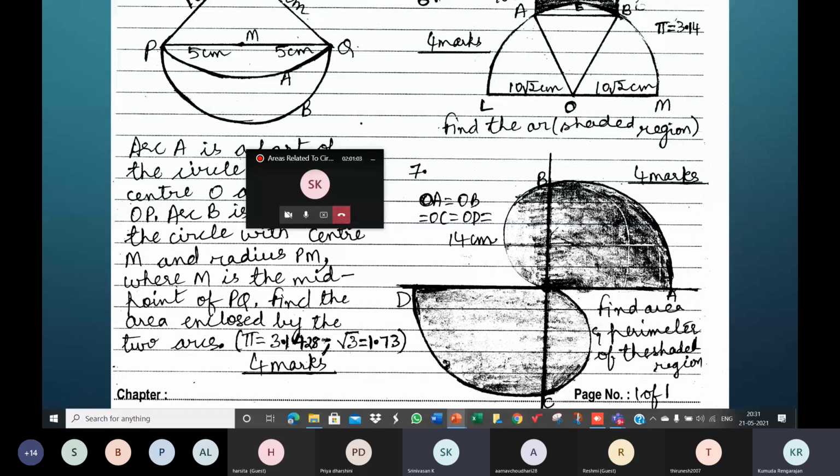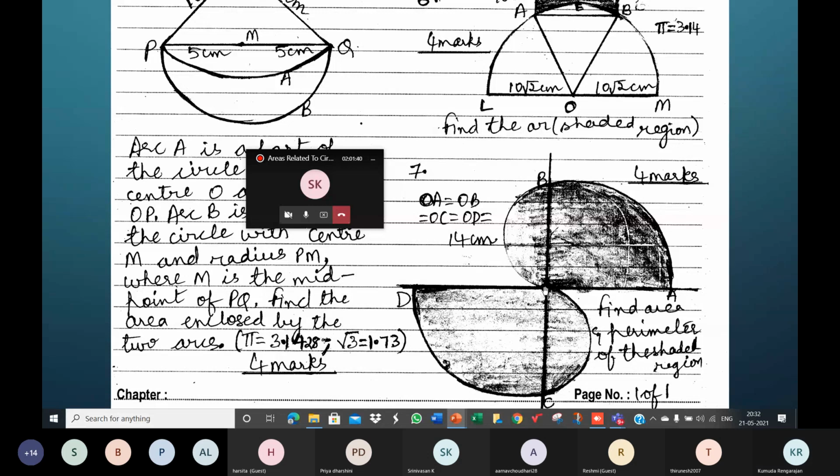Ma'am, perimeter of quadrant I took 2 pi. Just put it like this for me. This is O, right? Let's call it the length of the semicircle with OB as diameter, plus something like the length of the quadrant with something as diameter or radius.